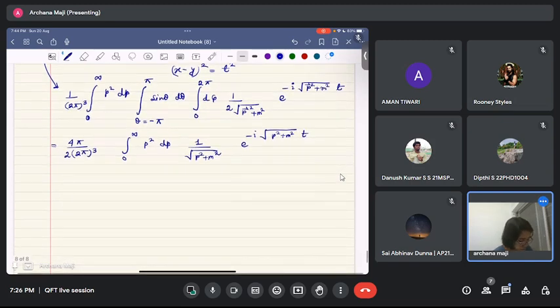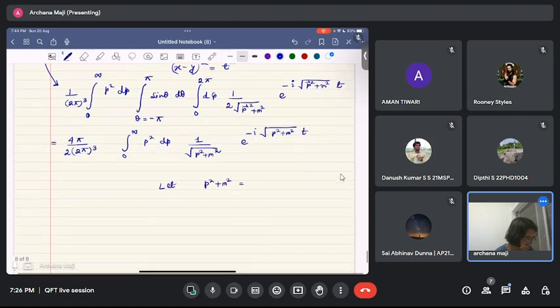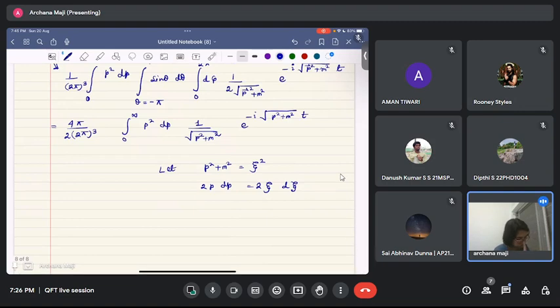Okay. Now let p^2 + m^2 be equal to some ξ^2. So 2p dp is 2ξ dξ, and we change the integration limit.